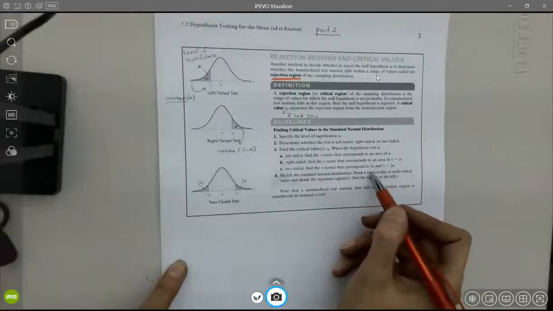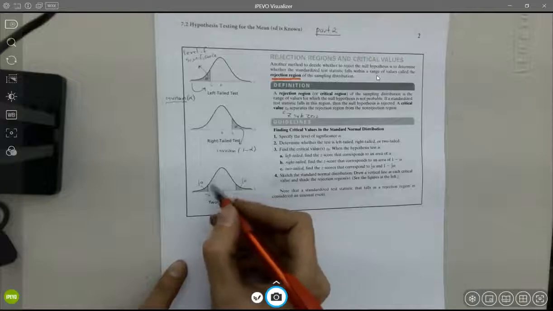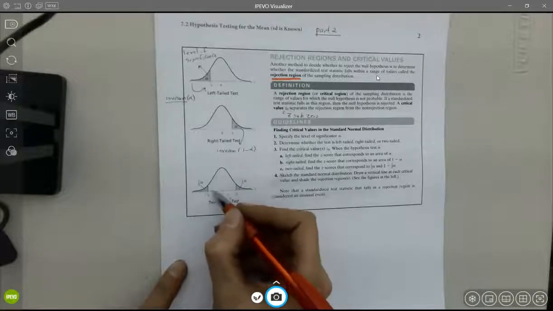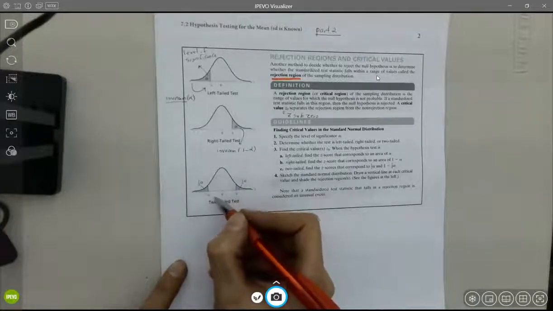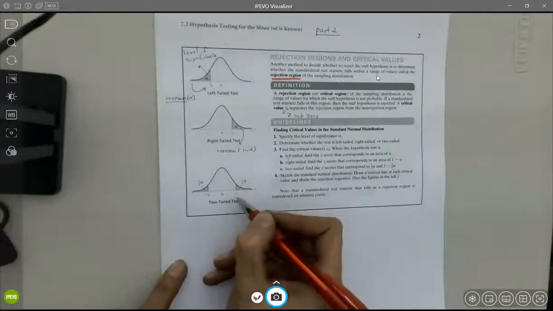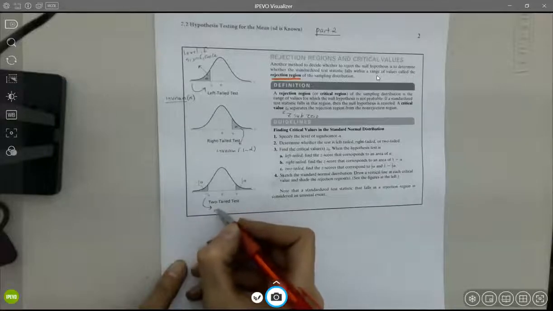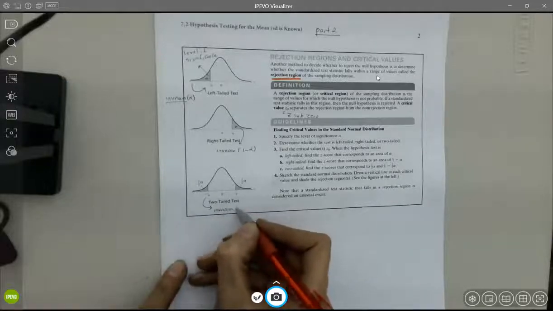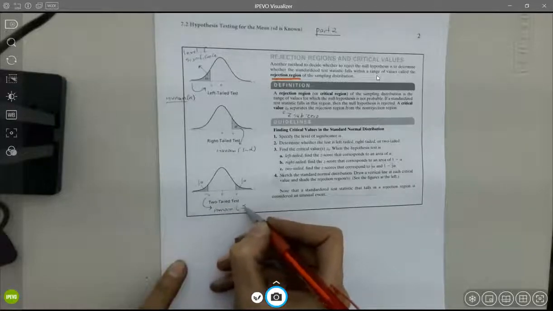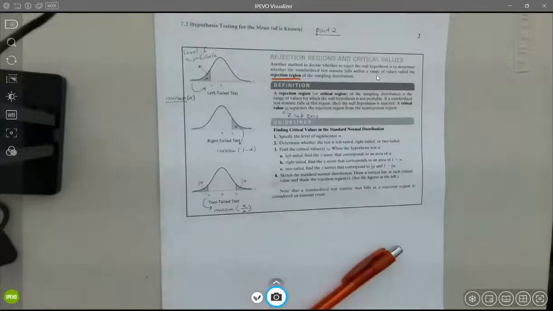One of them is enough. Why is that? Because you have symmetry. If you have one of them as a negative number, the other digits with positive sign forms the critical value on the right-hand side. So to find ZC, you can use inverse norm of alpha divided by 2.